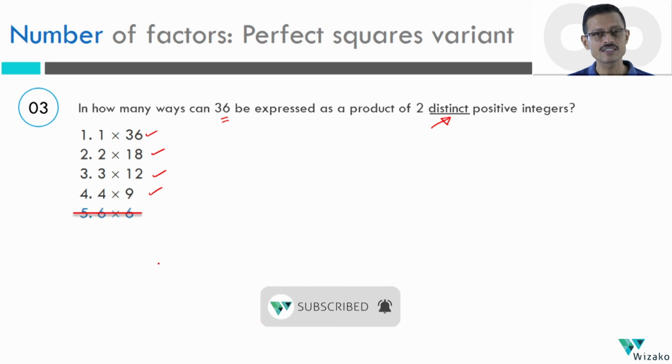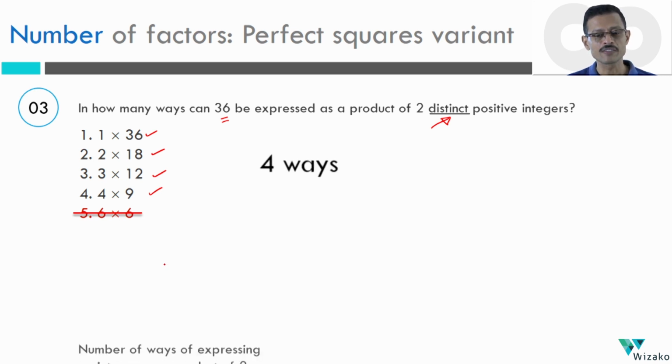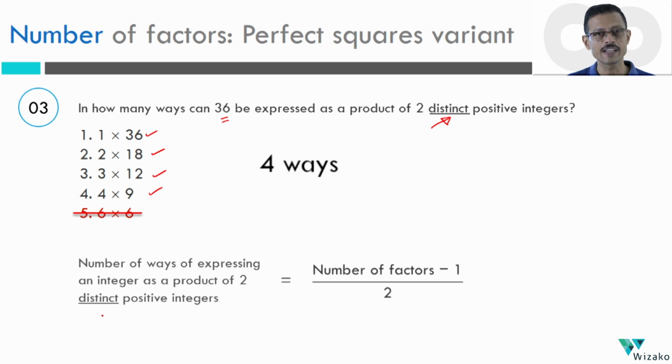Whereas in this case, 6 into 6, the factors are not distinct. So how many ways do we have? We don't have 5, we have 4 ways. So one more adjustment to the formula. The question is, in how many ways can it be expressed as a product of two distinct numbers? Then it is number of factors minus 1 by 2. Two numbers, number of factors plus 1 by 2. Two distinct numbers, number of factors minus 1 by 2.